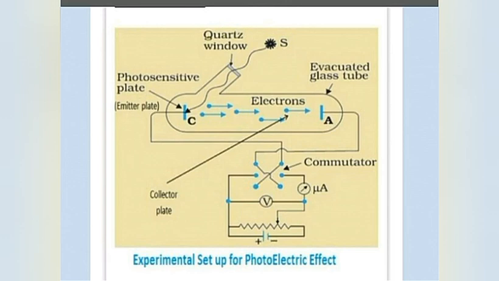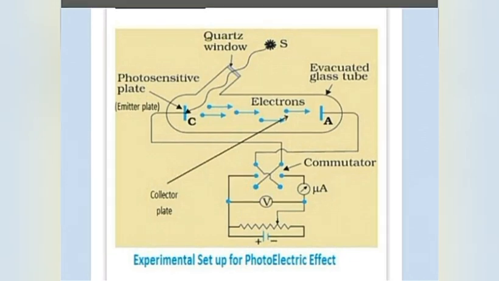Here, when the anode is at positive potential, what does it mean? The positive terminal of the battery is connected to the anode and the negative terminal of the battery is connected to the cathode. Then we say the anode is at positive potential with respect to the cathode.